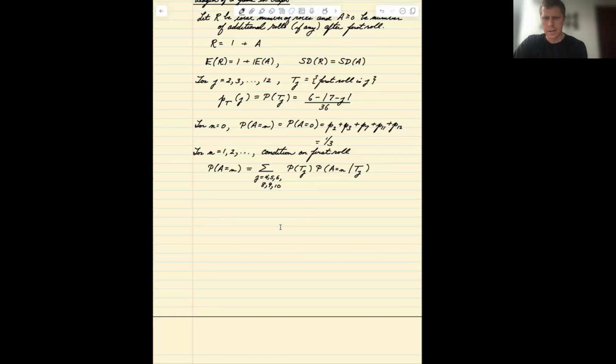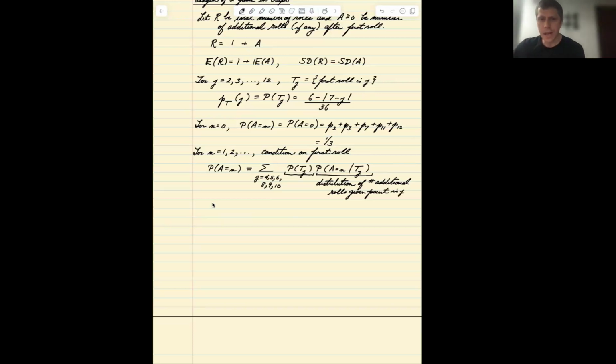So we know these probabilities, and now the question is, well, what are these conditional probabilities? Well, how do we think about this? This is the probability that the number of additional rolls needed is n, given that the point is j, right? So it's a conditional distribution of the number of additional rolls given that the point is j.